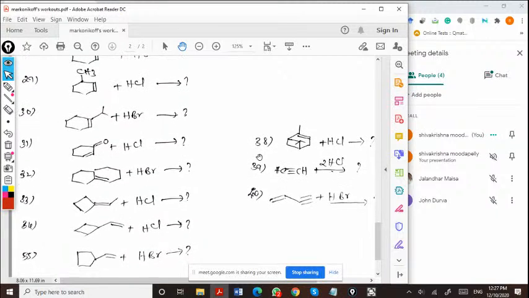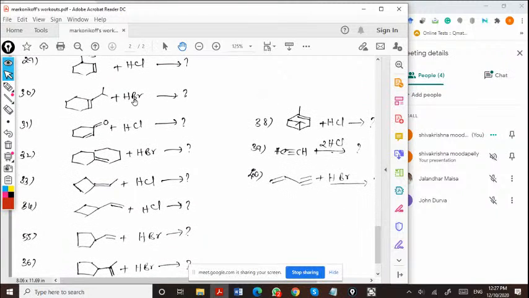There are some other examples. If this is the case, initially carbocation will generate here and will also generate here. Accordingly, this will be more stable, so this could be the tertiary.